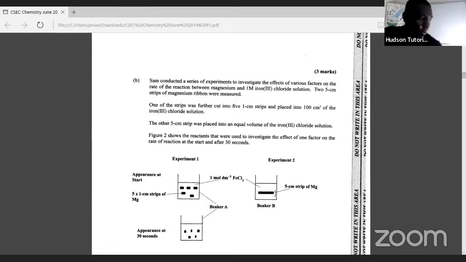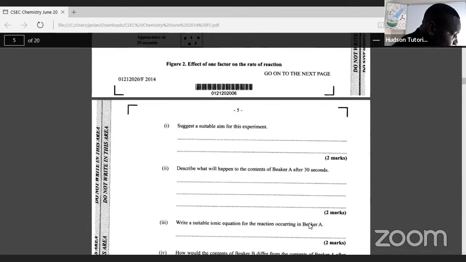So in beaker A, you'll realize that the strip is now in smaller pieces. So rather than having a long 5 cm strip, you actually have different strips, all measuring 1 cm. And the beaker, of course, is shown at 30 seconds. All right, let's move on and go to the question.